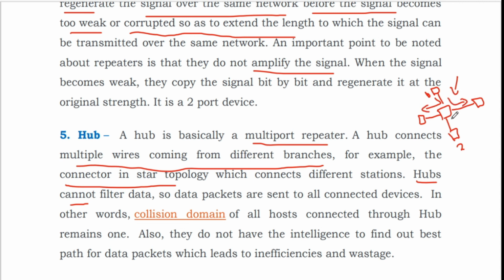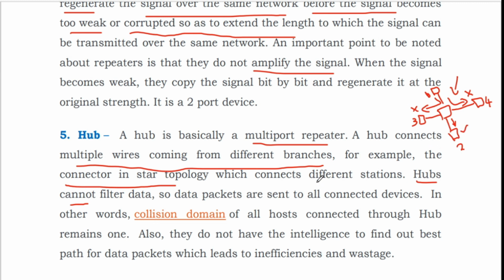Only the device which this message is intended for will receive it, others will just drop it. So if computer 1 wants to send the data to computer 2, that message is received by computer number 3 as well as computer number 4, but computer 3 and 4 reject that message and only computer 2 accepts that message.